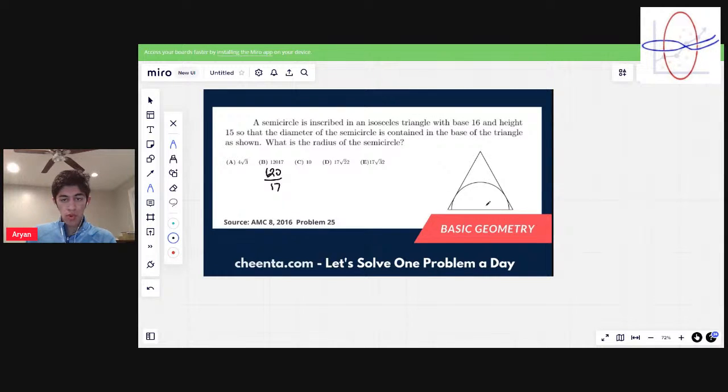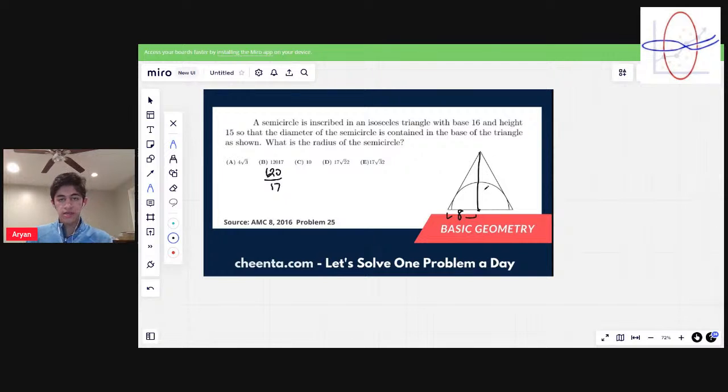Okay, so for this question, what we want to do is think about the information we're given. With any geometry problem, you want to use the information you're given to express other side lengths or other angles or whatever you can find. So we know the base is 16. That means this region right here is 8, just the midpoint.